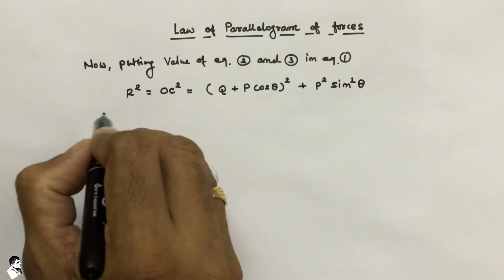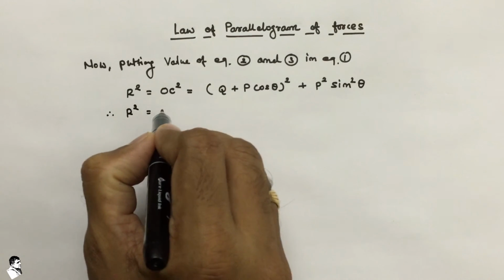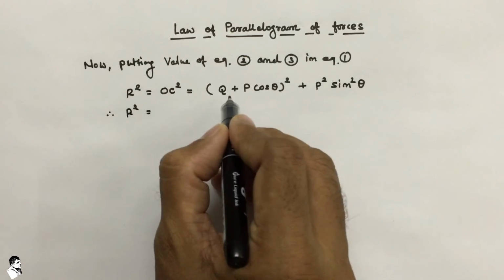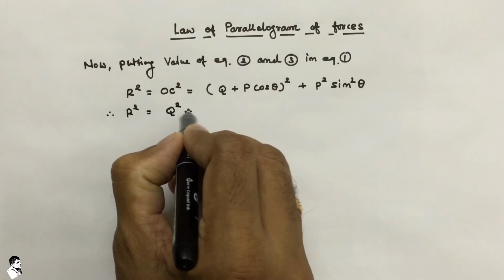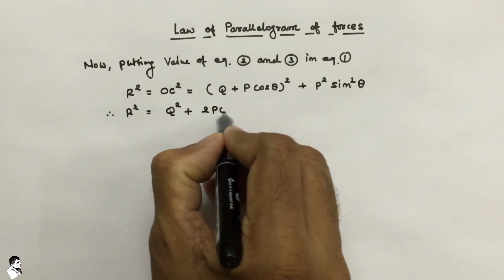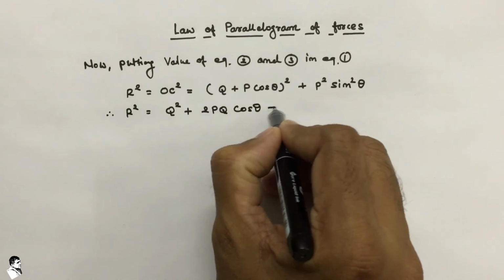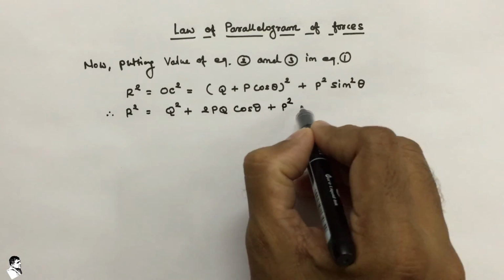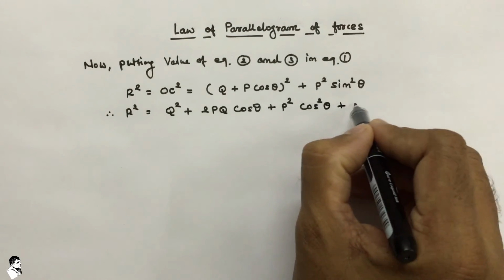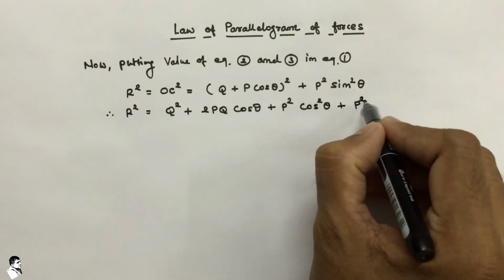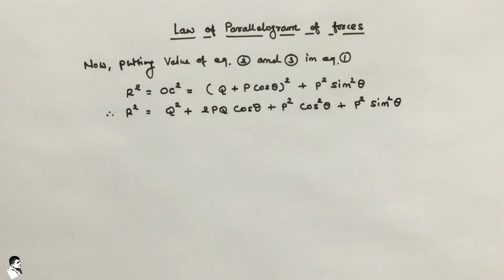Now if we elaborate this and open it up, R square is equal to Q square plus 2PQ cos theta plus P square cos square theta plus this term remains the same, P square sin square theta.